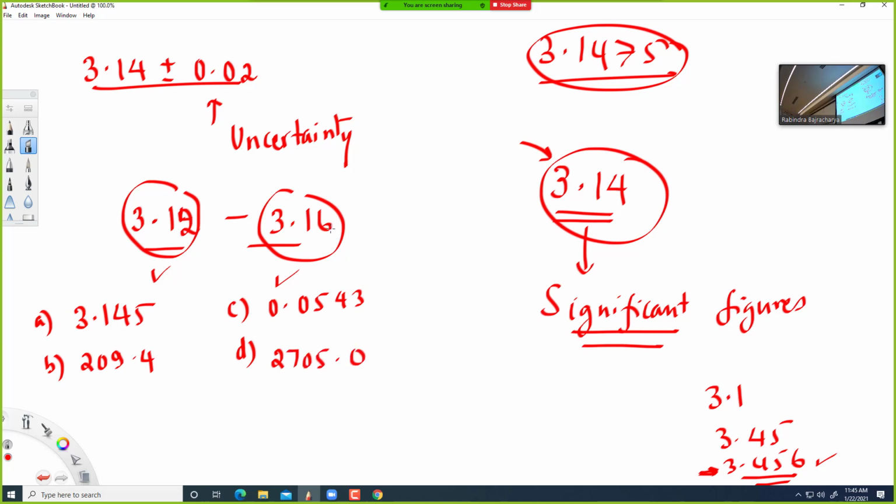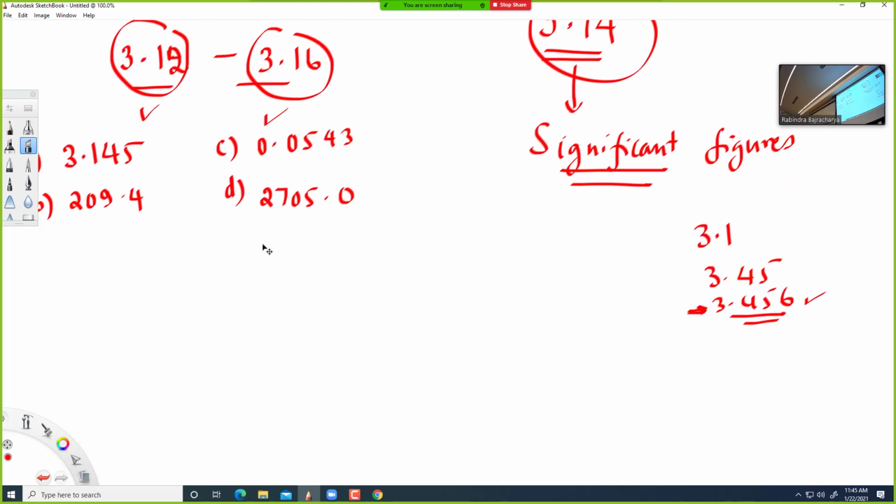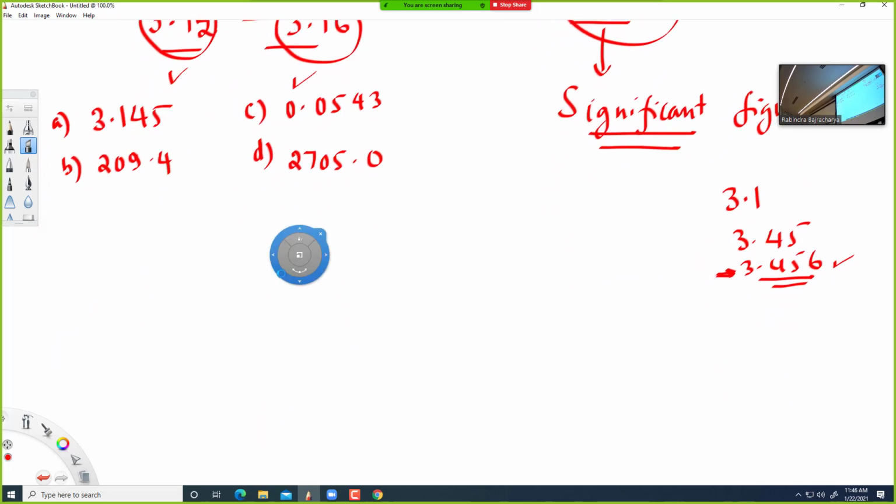So how many significant figures are there in each of these numbers? How do you determine that? So let's talk about that. We have some rules that can tell us how many significant figures there are in a number.